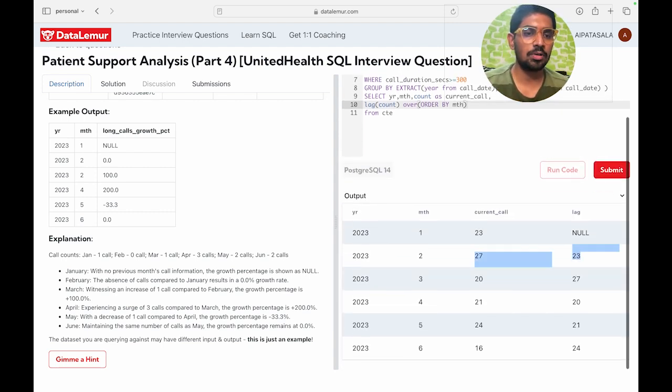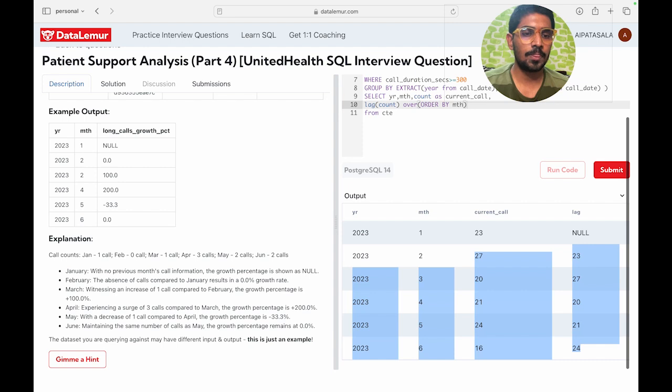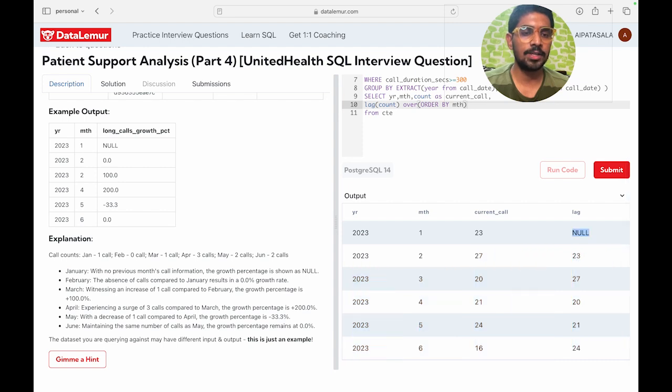Yeah, previous call we got. So this we can call it as 0, and then previous call we got.